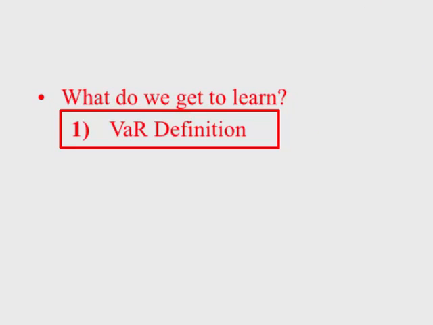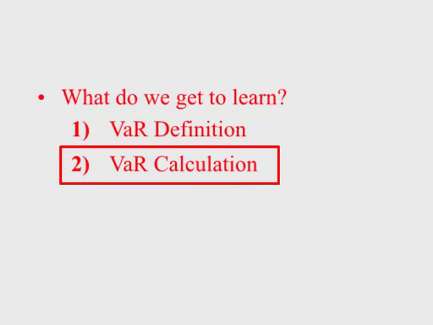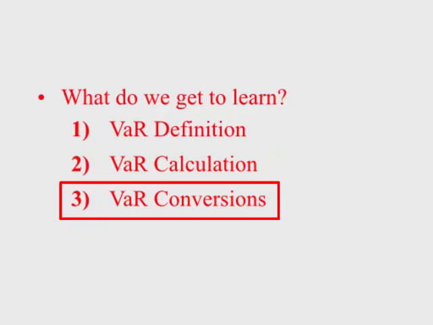So what do we learn in this topic? First, we look at the different versions of VAR definitions. Then VAR calculations using different methodologies. Then conversion of VAR. Is it possible to convert a 1 day VAR to a 1 week VAR, or a 1 week VAR to a 1 year VAR? Or is it also possible to convert a 10% VAR to a 5% VAR or vice versa?